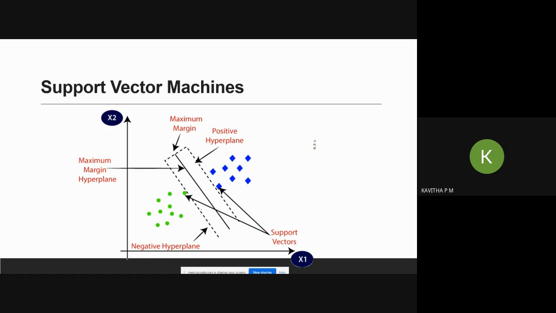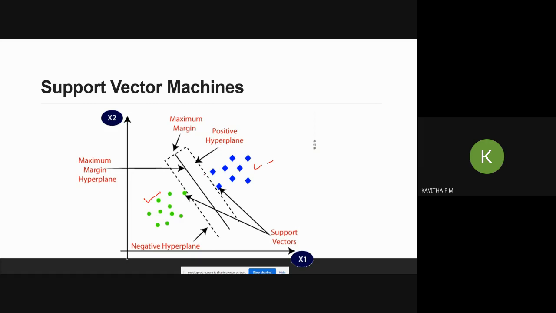I told you we'll be constructing a straight line, and based upon that the data will be segregated into two classes. Here we can consider this as class 1 and this as class B. Based upon the line and the plottings, we can identify that the blue color boxes come under the positive hyperplane. What is a hyperplane? We'll discuss it.